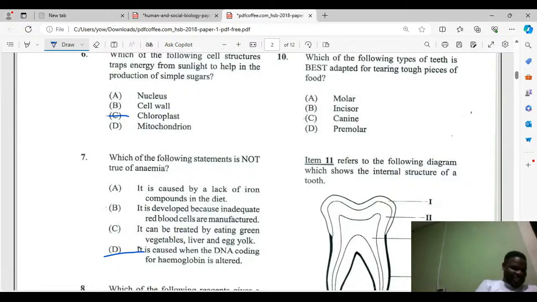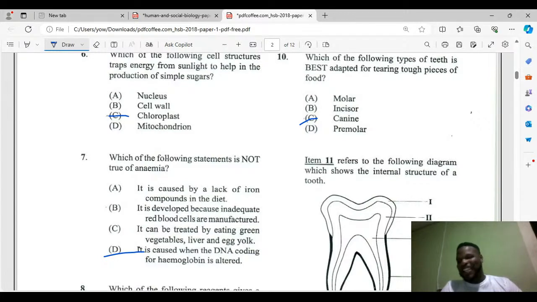So you look right. Canine: sharp, tears up things. What about incisor? What's the main job of the incisor? Let's talk about them for a minute. Tearing?